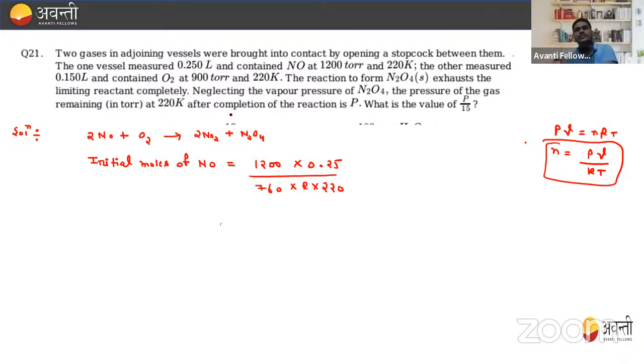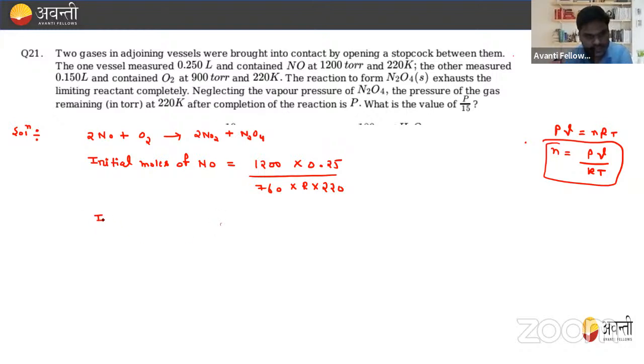This is how we convert torr into atmosphere: we divide it by 760. So n is equal to PV upon RT, which you can write as 1200 into 0.25 upon 760 into R into 220. This is how you can calculate the initial moles of NO.